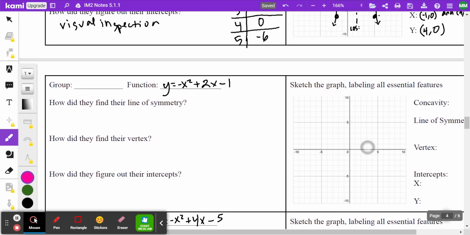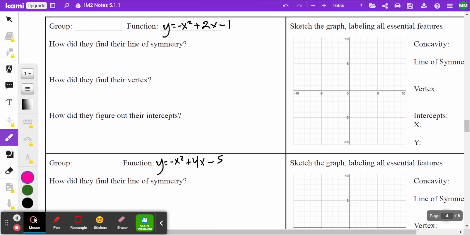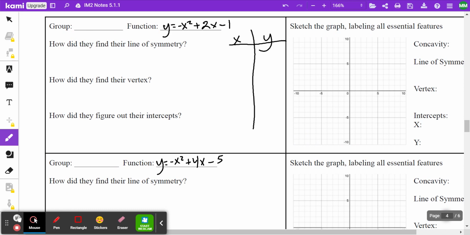Okay, next. Y is -x squared plus 2x minus 1. I'll make my table. Okay, I'll start again with x is -2.